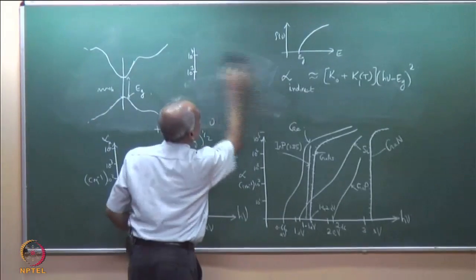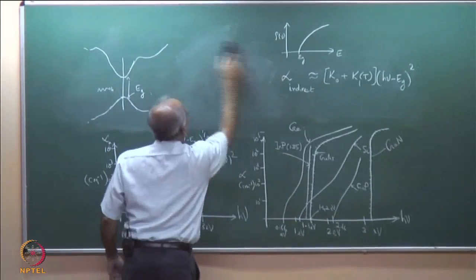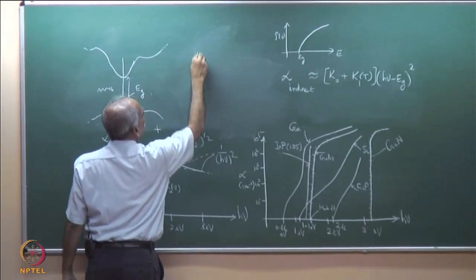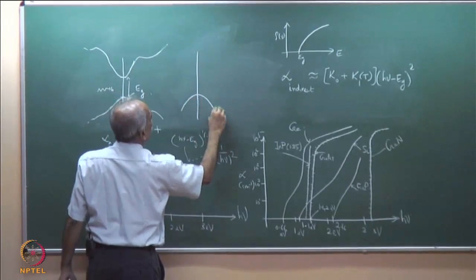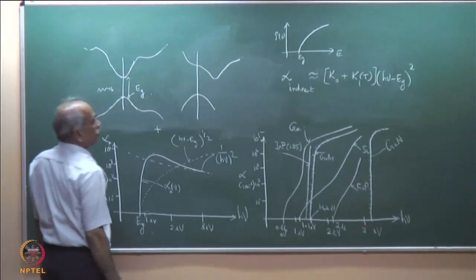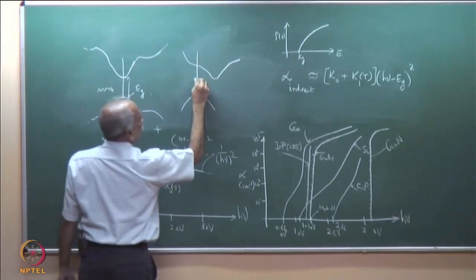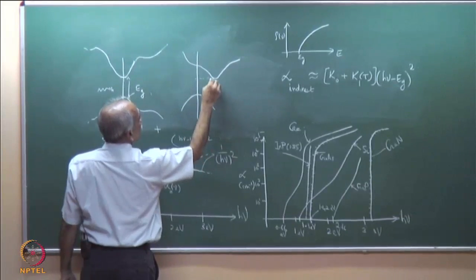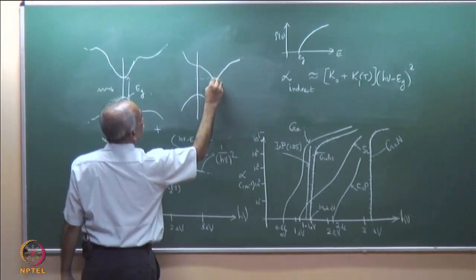What about indirect band gap semiconductors? So, if I want to plot the E-k diagram of an indirect band gap semiconductor, please see that this is Eg, so this gap is Eg.